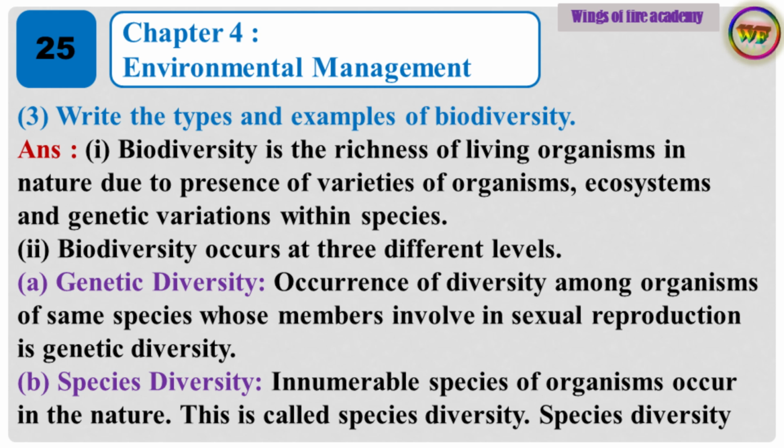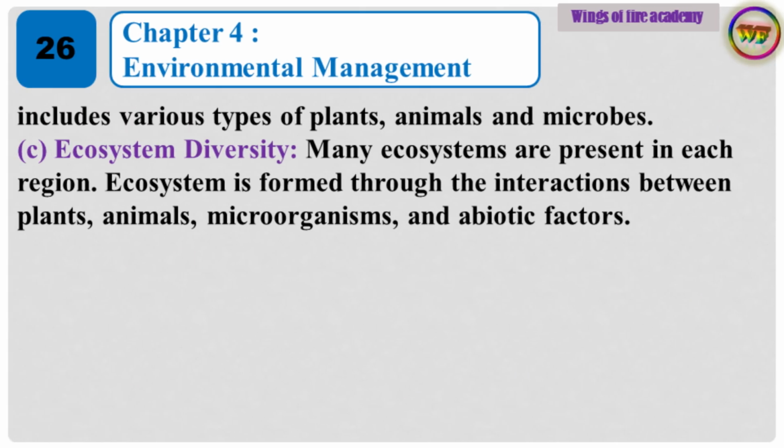Species diversity includes various types of plants, animals, and microbes. Section C. Ecosystem diversity. Many ecosystems are present in each region. Ecosystem is formed through the interactions between plants, animals, microorganisms, and abiotic factors.